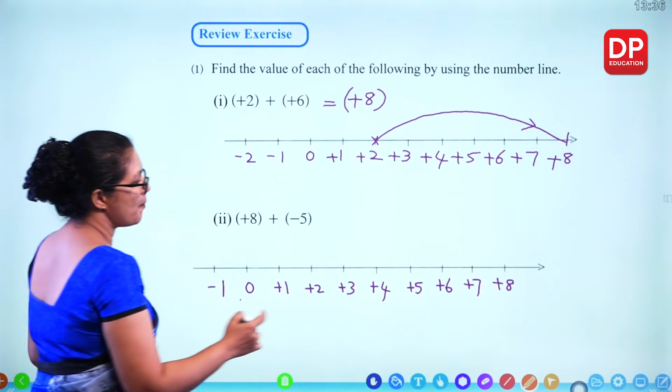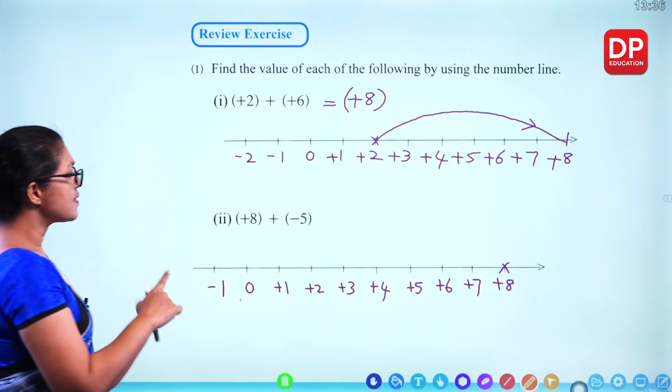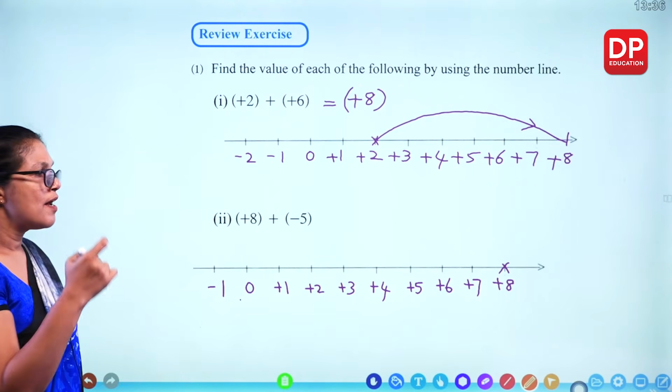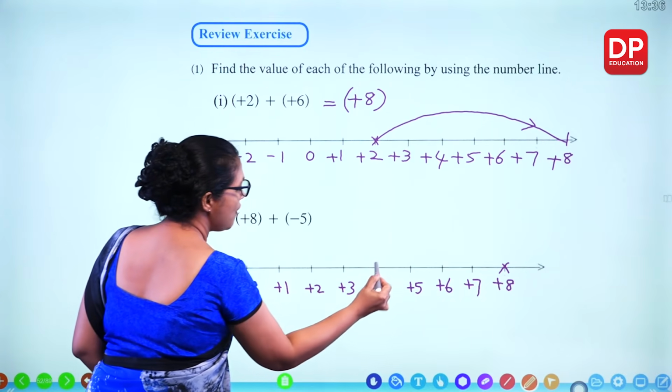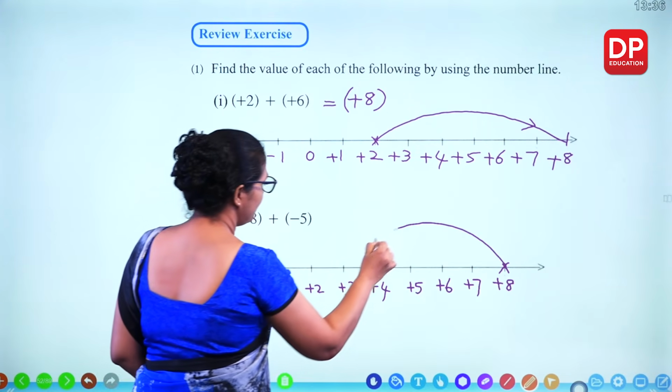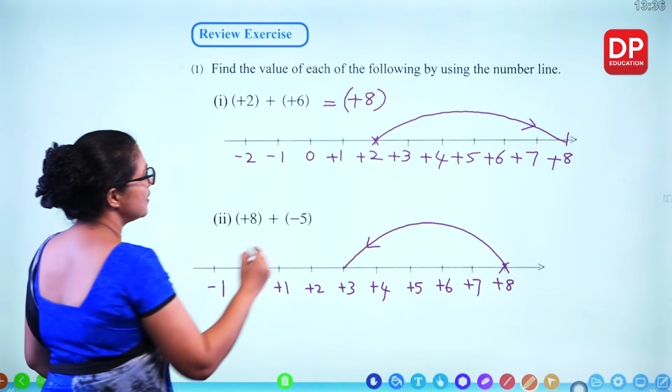Now start from plus 8 and plus minus 5 means moves 5 places to the left. So 1, 2, 3, 4, 5. What's the answer? Plus 3.